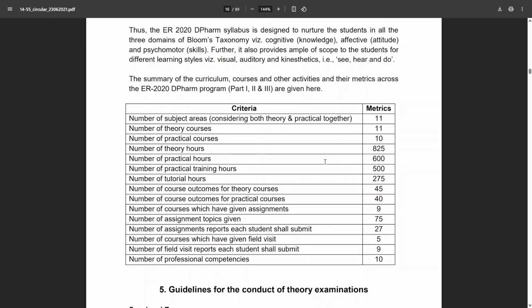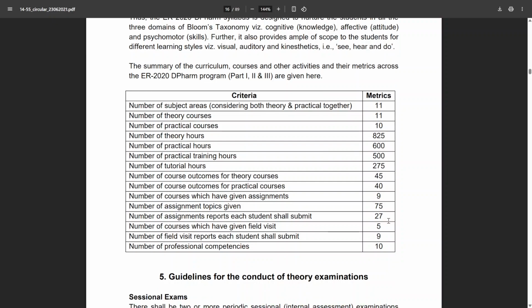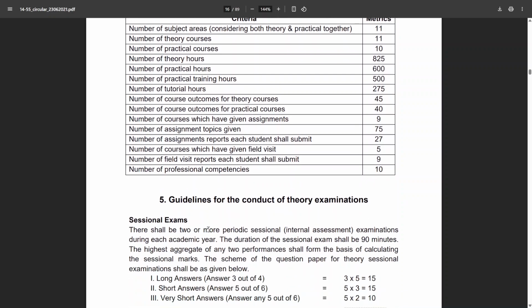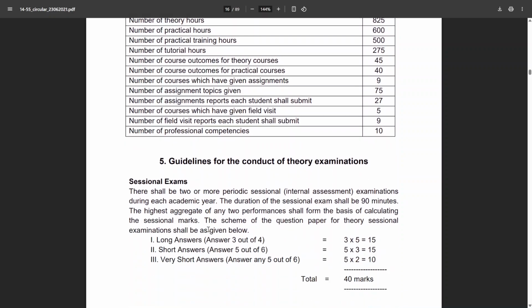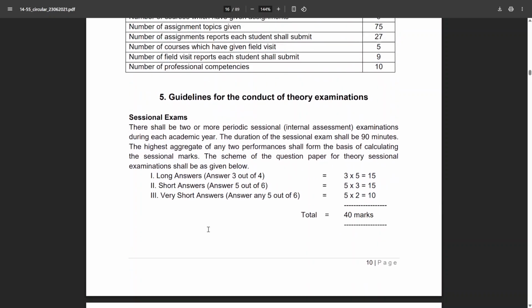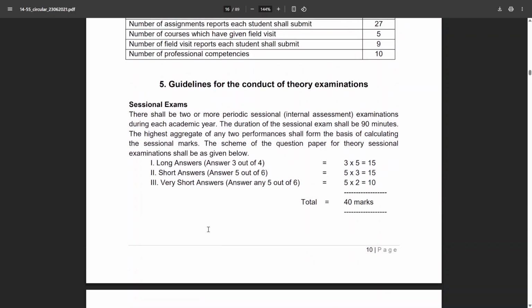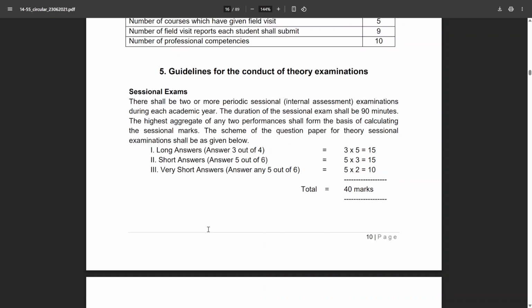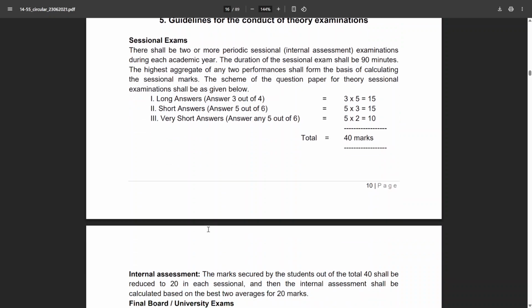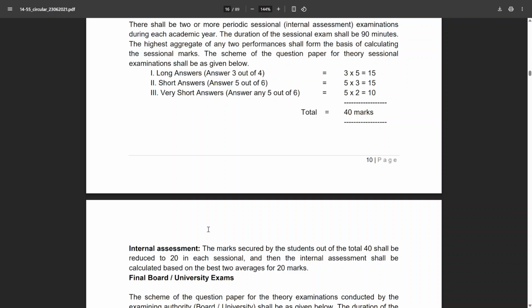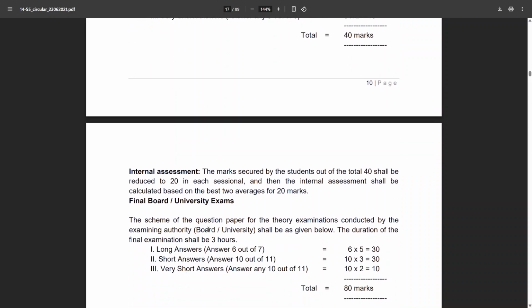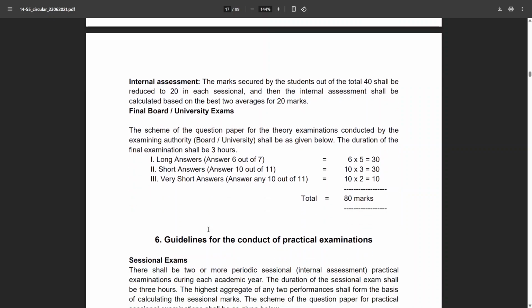Now let's take a look at the criteria. These are merits. These are criteria. Now let's move. Guidelines for the conduct of theory examinations. These are sessional exams. So you will learn these things in your academics. You can pause and read.